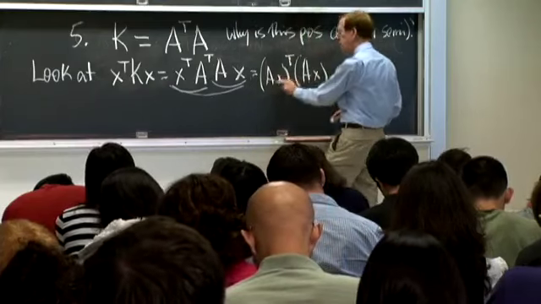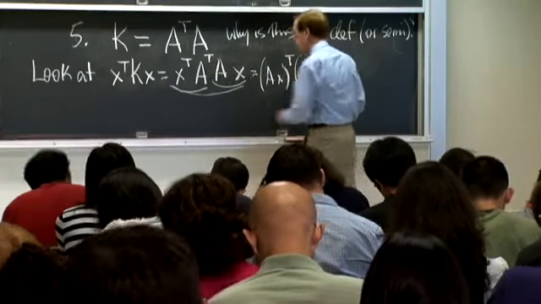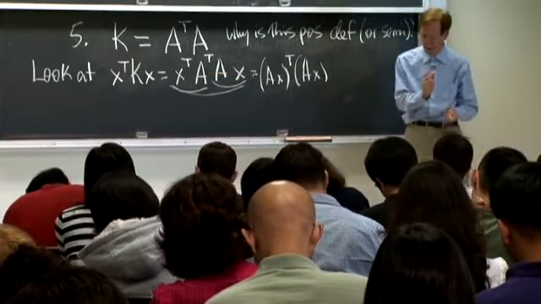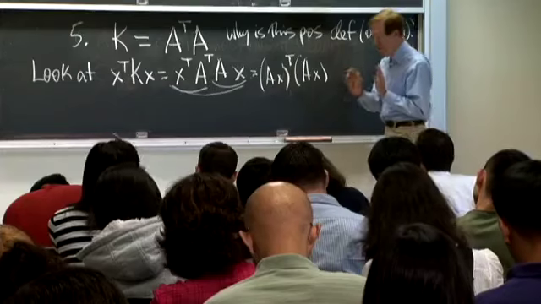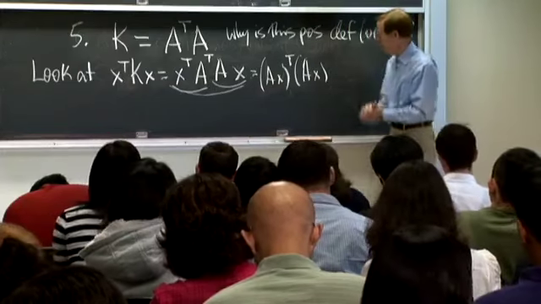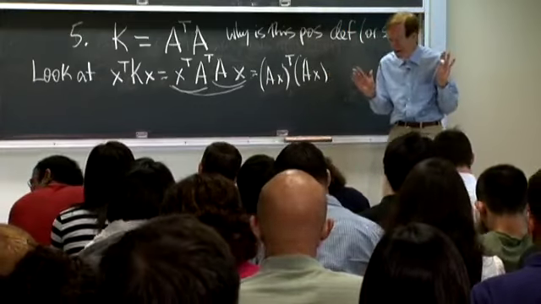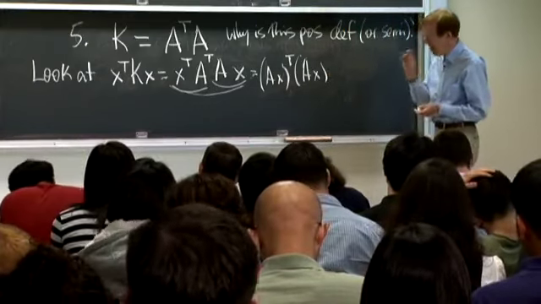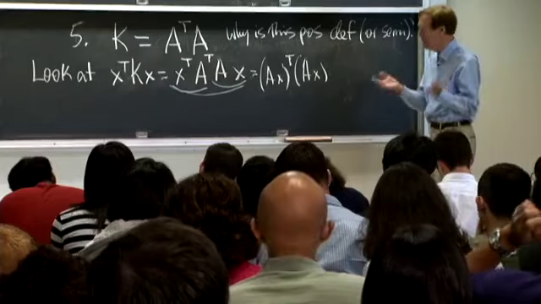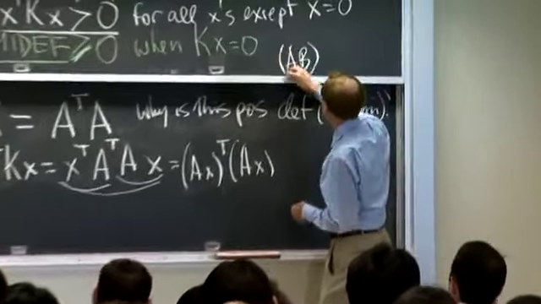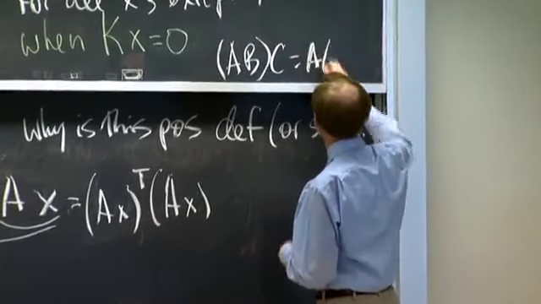Because the transpose of AX goes in the opposite order. I call this a proof by parentheses, because I'm just putting parentheses in the right place. The key law of matrix multiplication is that AB times C is the same as A times BC.